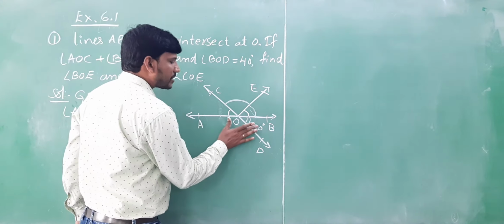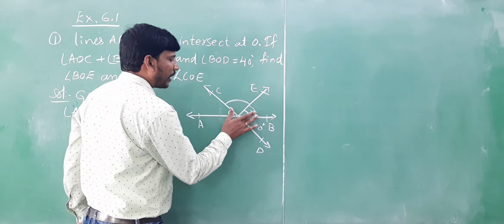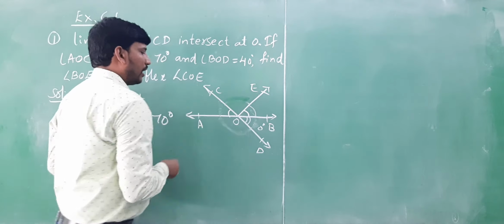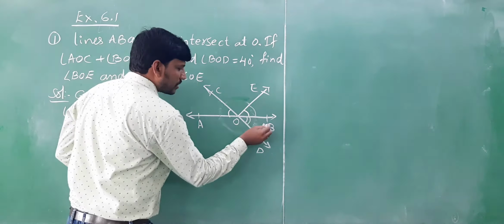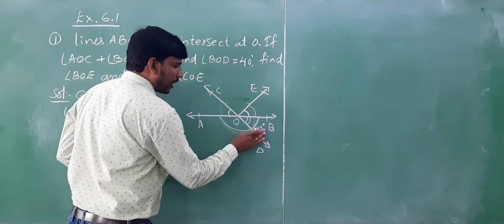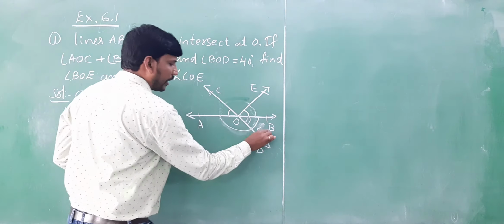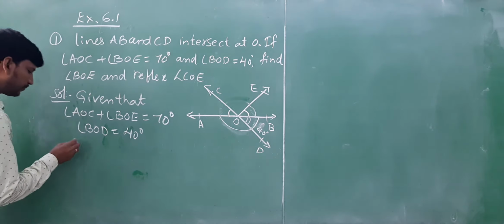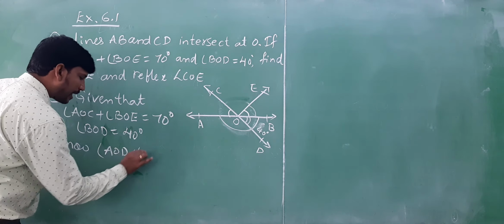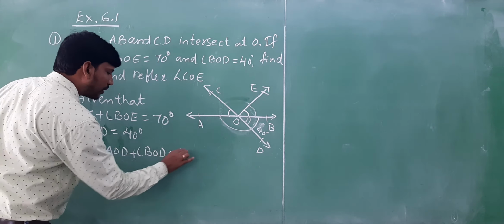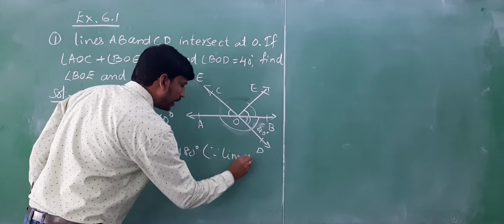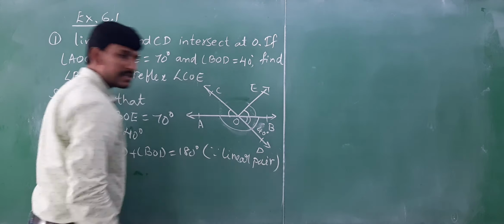Angle BOD plus AOD is a linear pair. Already the given angle BOD is 40 degrees. Now angle AOD plus angle BOD is equal to 180 degrees, since it is a linear pair of angles.